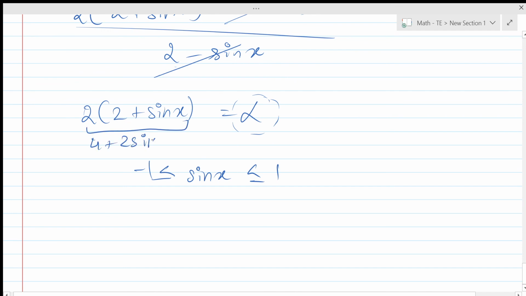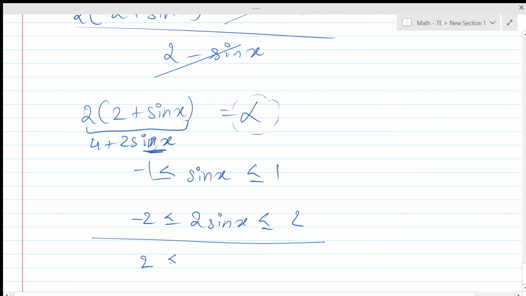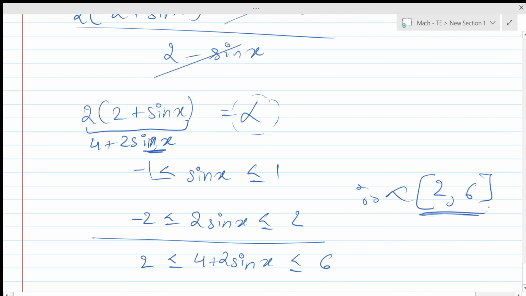If I multiply it by 2, minus 2 sine x, to add 4 to it, add 4 to the whole equation. So you would get minus 2 plus 4 is 2. 4 plus 2 sine x is 6. Therefore, alpha belongs between 2 and 6, including both of them. And thank you very much for coming in. This was my today's review.